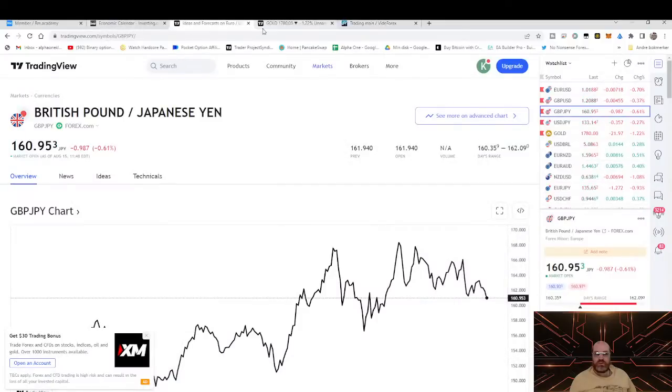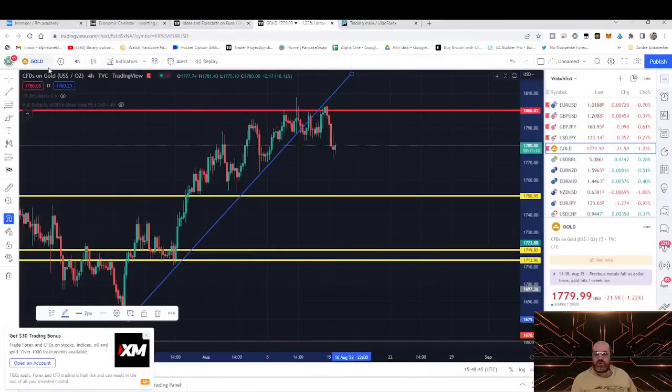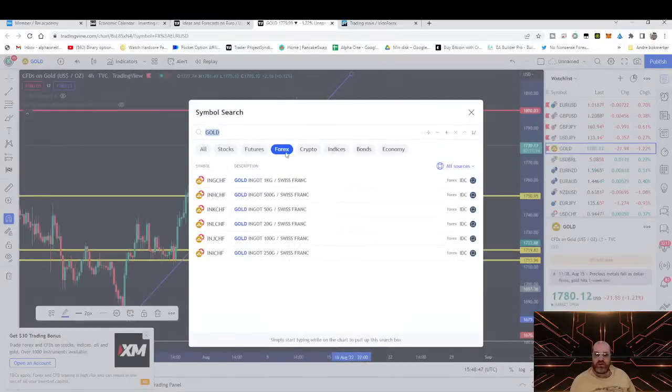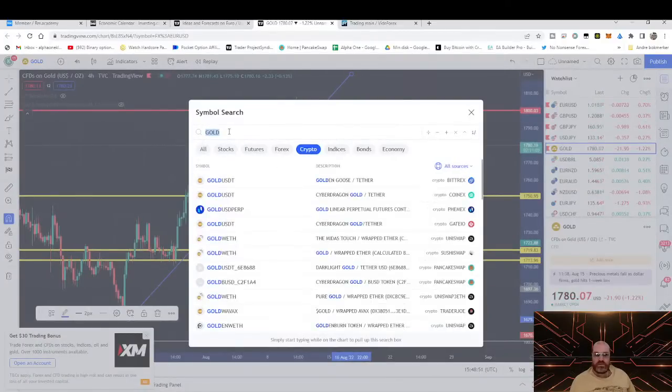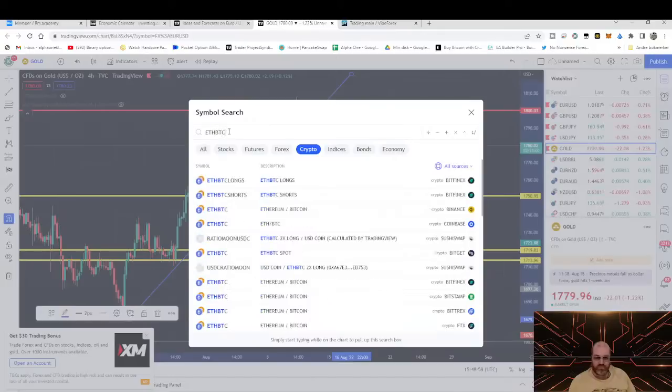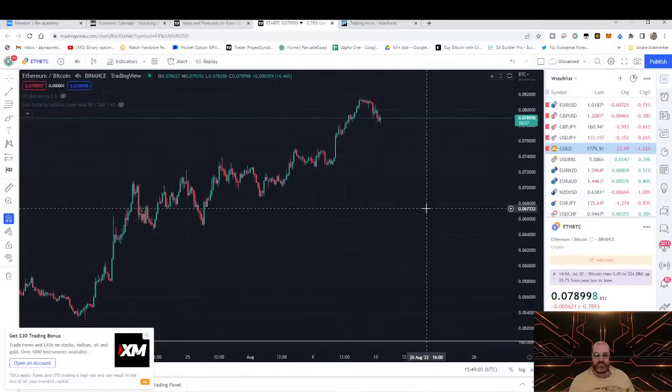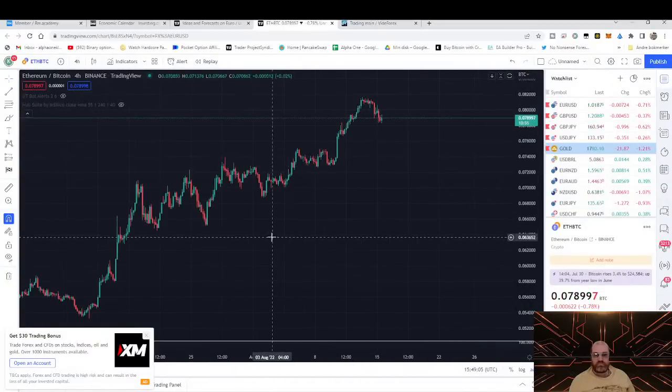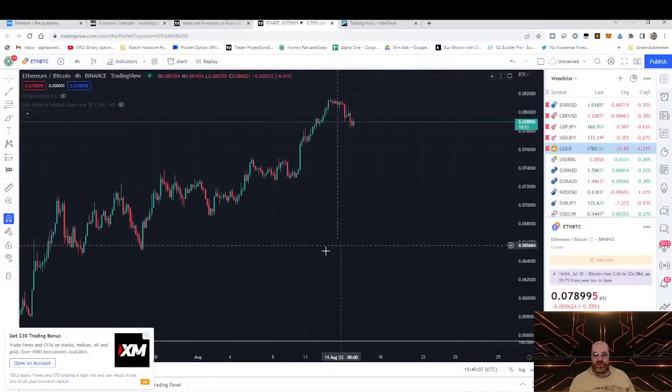So let's take a look at some cryptocurrency. As always, let's take a look at Bitcoin. Let's take Ethereum against Bitcoin. That could be nice. Ethereum is very strong lately.